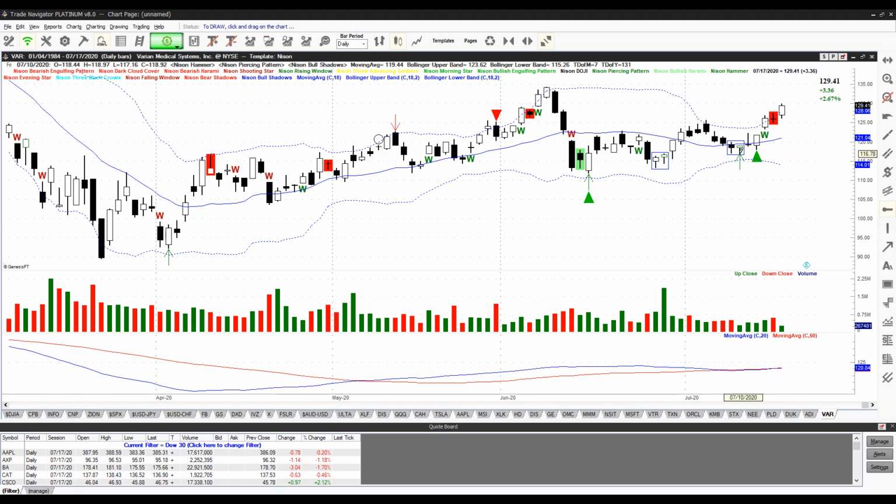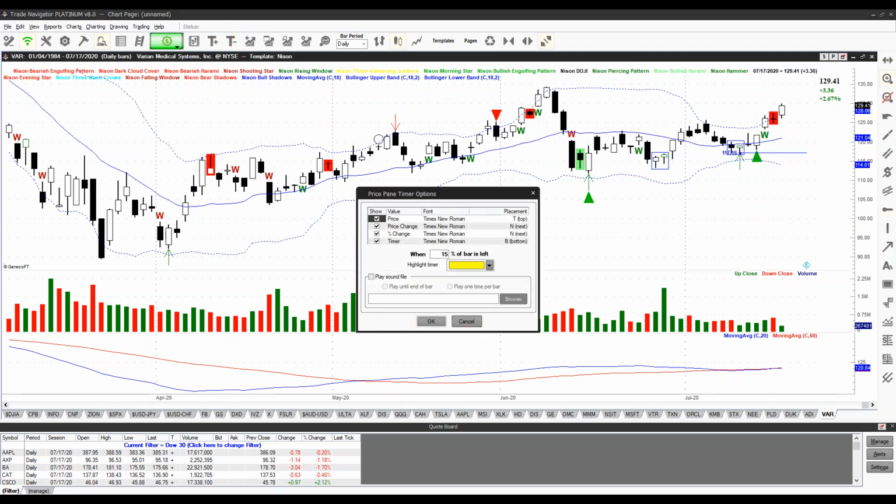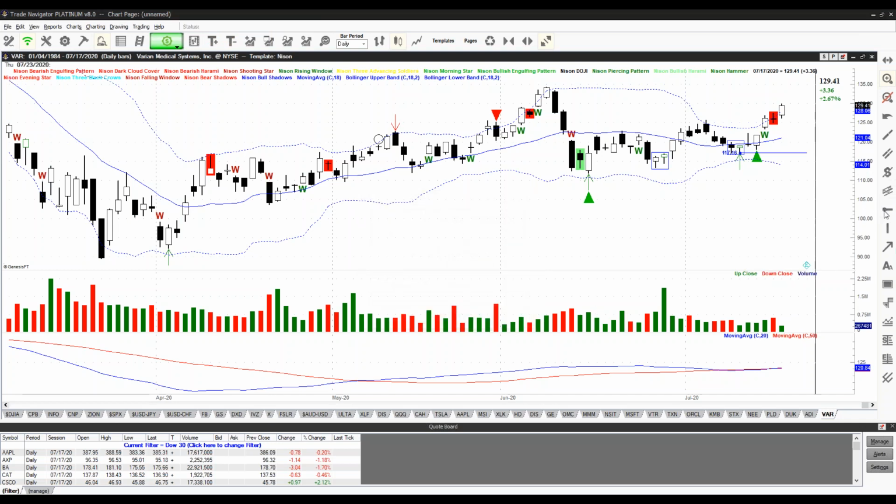So again, I draw a line at the low of the hammer and another line around that midpoint.